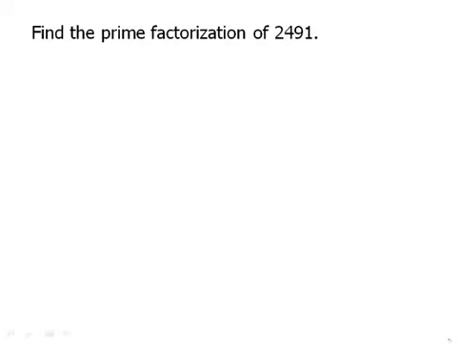Suppose we had to find the prime factorization of 2491. I'm going to tell you at the outset this would be a very hard number to factor. Even if you had a handheld calculator in your hand, it would be hard to find the prime factorization of this number. Well, what can we do? Notice this one also is 2500 minus 9. 2500 is 50 squared, and of course 9 is 3 squared.